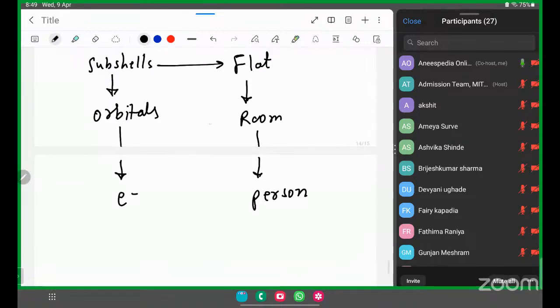So this is the analogy between the living of a person and the living of an electron. As a person lives in a room, similarly electrons live in an orbital.